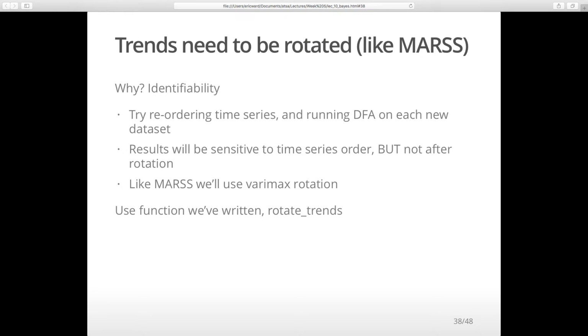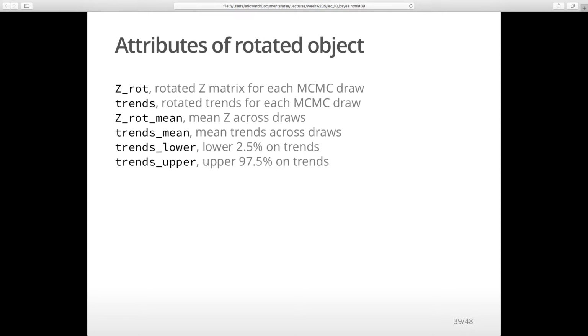But once you rotate the loadings and rotate the trends, all of those answers will be the same, and they will not be sensitive to the time series order. So like with MARS, we learned that Varimax rotation was the way to go, or the default in MARS, and we'll use the same here. And we've actually written a function to do that for you called rotate trends, which should make things fairly simple.